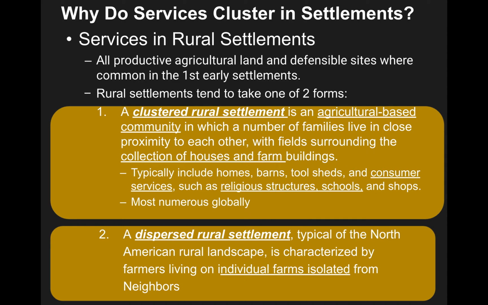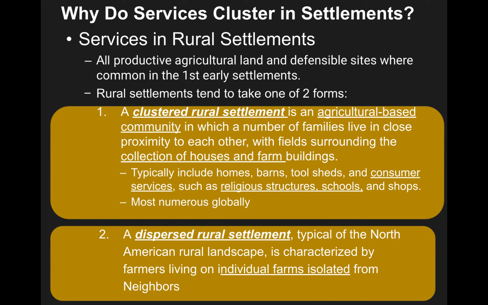And oftentimes within those walled cities, remember the wall delineated them for protection. And oftentimes you will find religious structures as well as other consumer services, such as exchanging of tools and services from shops. All right, this is the most numerous globally.